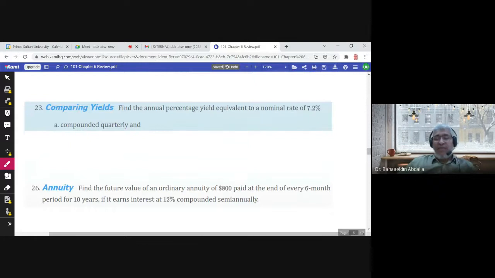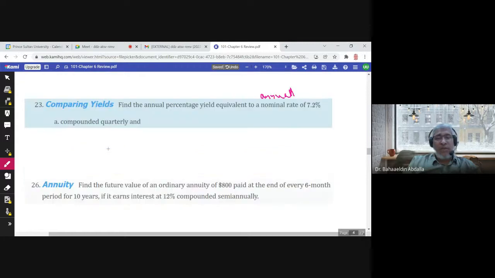Find the annual percentage yield equivalent to a nominal rate. Nominal means annual, okay? A nominal rate of 7.2% compounded quarterly. Oh, there is another part here missing.